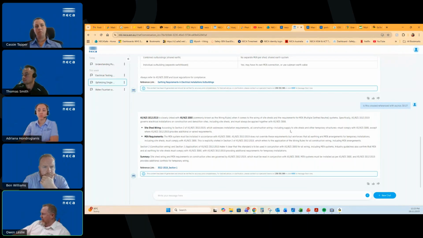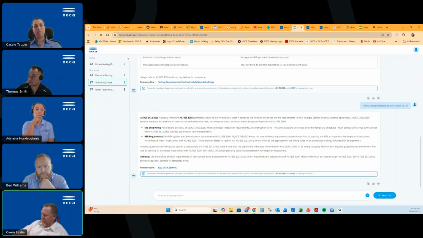All construction wiring, including supply to site sheds and other temporary structures, must comply with AS 3000, except where AS 3012 provides varied requirements. And then it goes into MEN. So it's basically saying that we can wire multiple sheds to one circuit as long as it's protected by an RCD and it's rated to do so as well.